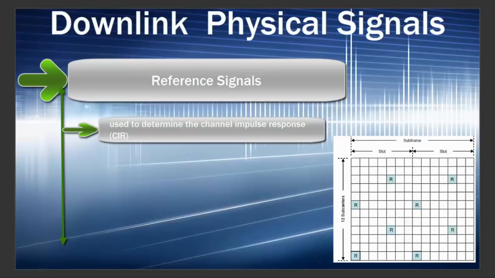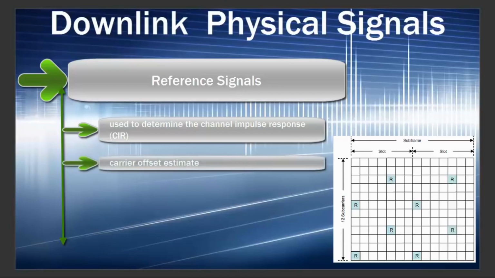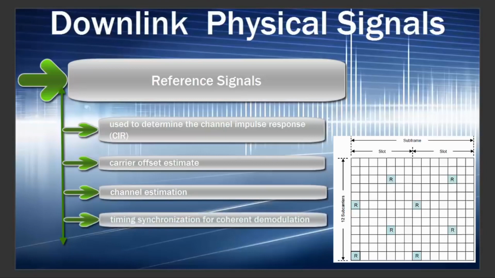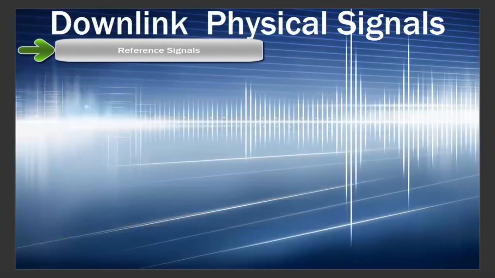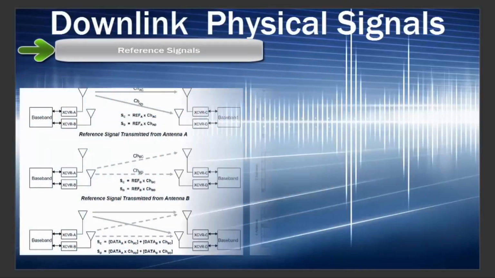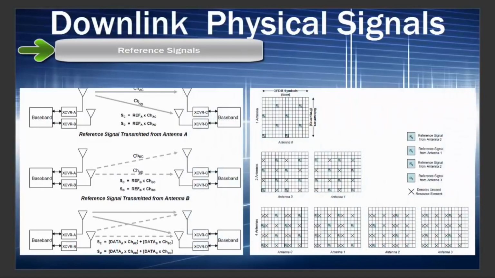In other words, they are used in LTE to facilitate carrier offset estimate, channel estimation, and timing synchronization, so that coherent demodulation can take place at the receiver. In order to successfully receive a MIMO transmission, the receiver must determine the channel impulse response from each transmitting antenna.